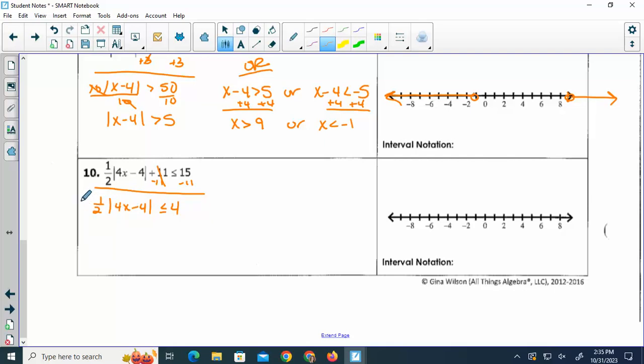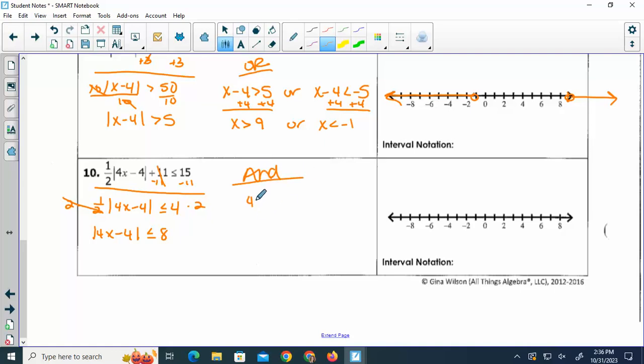Divide by 1/2 or multiply by the reciprocal. Multiply by 2. So any of those would work. So we get the absolute value of 4x minus 4 is less than or equal to 8. Is this an and or an or? Less than, and.